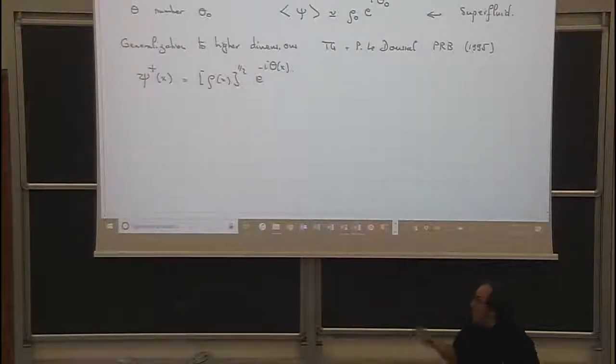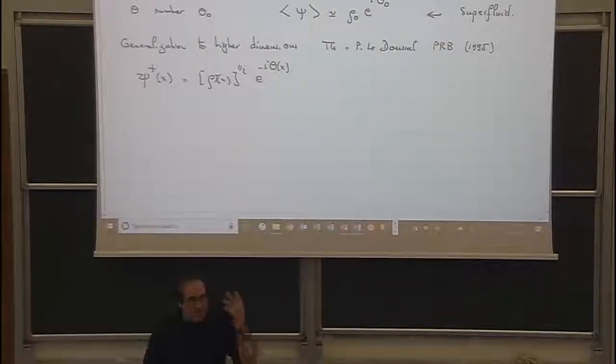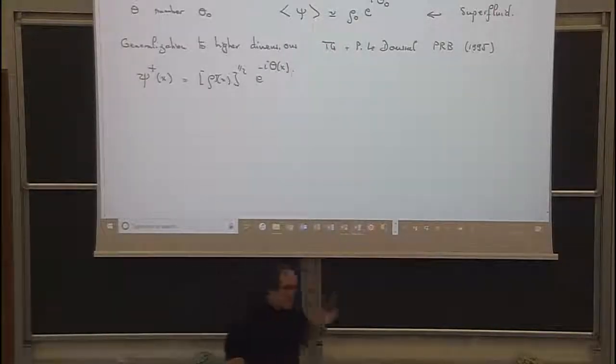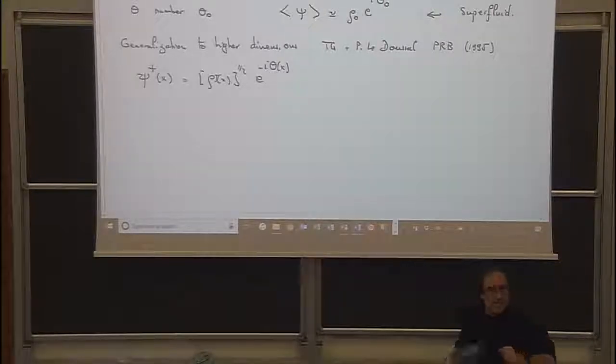Now, what is the square root of the density? I remind you that initially the density was a bunch of delta functions. So the square root of a delta function is a bunch of delta functions with a normalization which is ugly. So actually the square root of the density is essentially the density, up to a normalization.